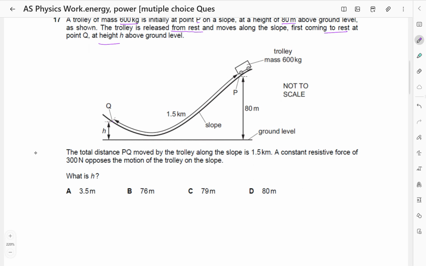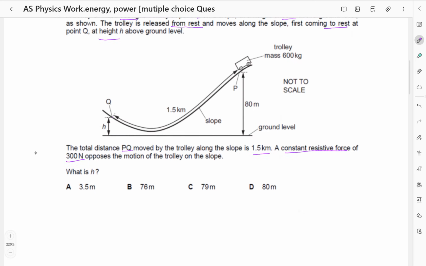This is not drawn to scale. The total distance PQ moved by the trolley along the slope is 1.5 kilometers. A constant resistive force of 300 newtons opposes the motion of the trolley on the slope. What is h?